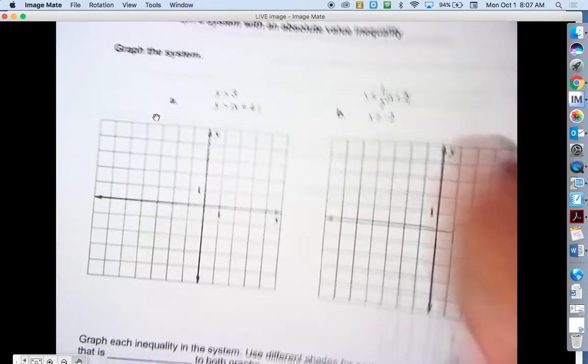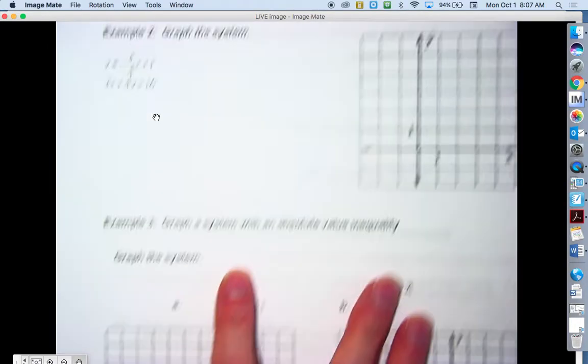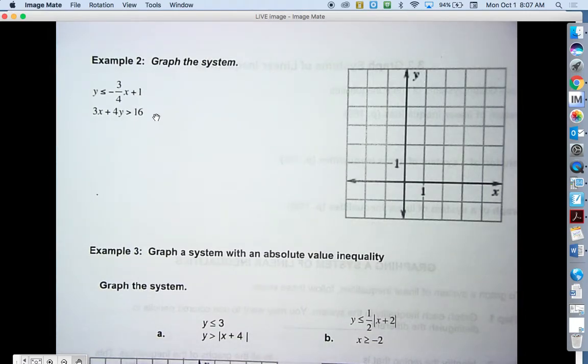number 2 is pretty much the same, except that we have to solve the second inequality to get y by itself. So the first one is already in y equals form. We have y is less than or equal to negative 3/4 x plus 1. So you can graph that like normal.